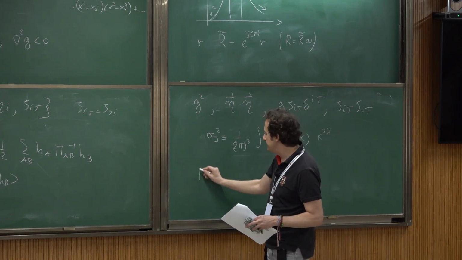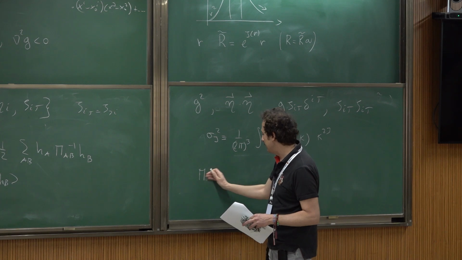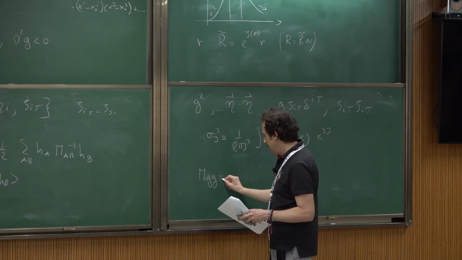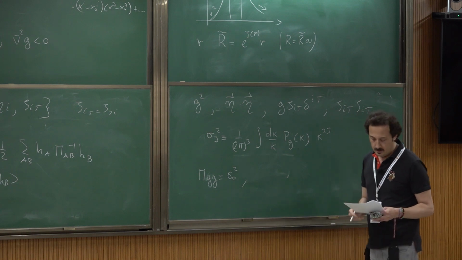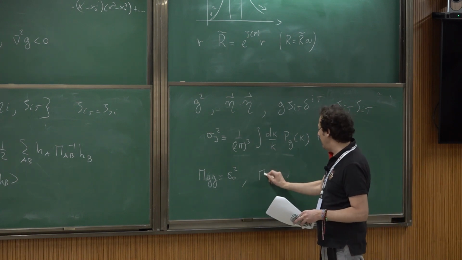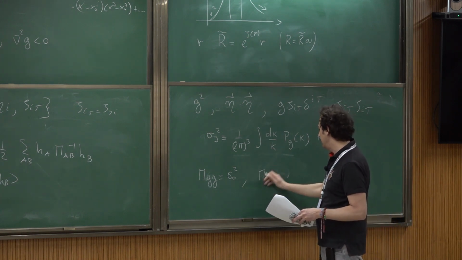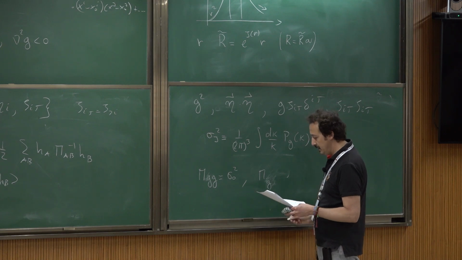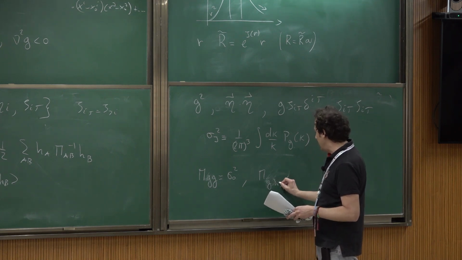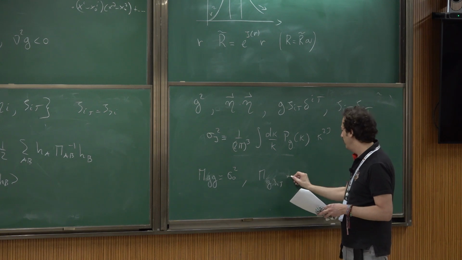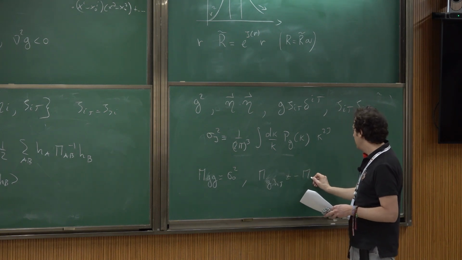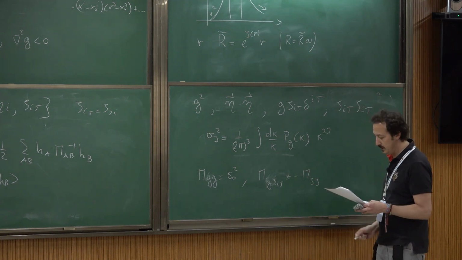Then one finds that we have this matrix M_gg equal to sigma 0 squared, and we have M_g psi ij, which means this interaction here, equal to minus M_g psi, so let me put the index.